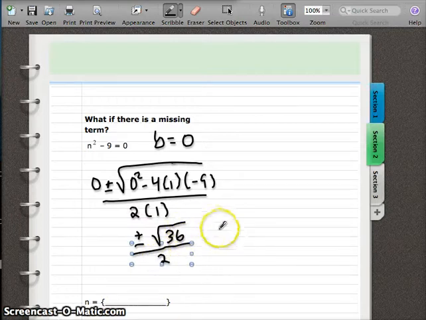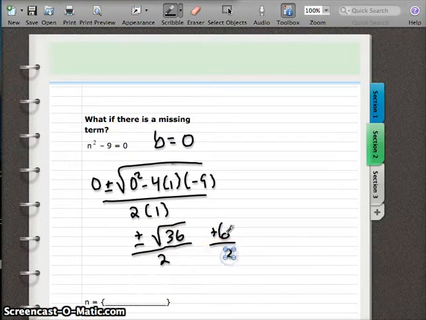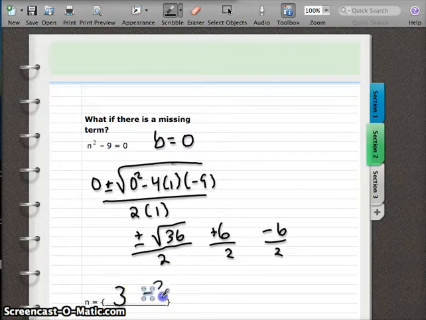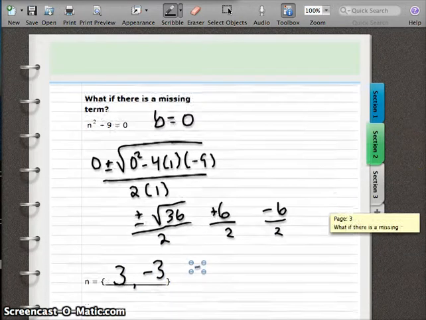So the square root of 36 is 6, but we have two answers here. We got positive 6 divided by 2, which is 3, but we also have negative 6 divided by 2, and that's negative 3. So two answers on this one, 3 and negative 3.